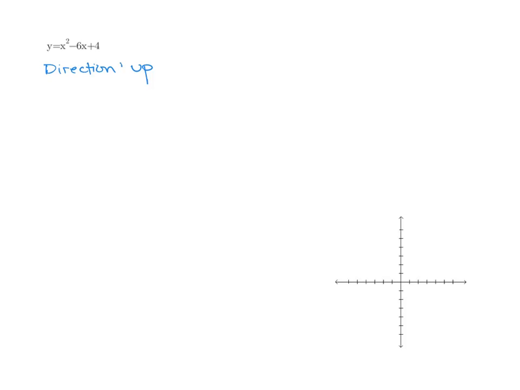The next thing we have is the y-intercept. If I plug in 0 for x, I get 0² minus 6 times 0 plus 4. My x terms cancel, and we're just left with y equals 4.